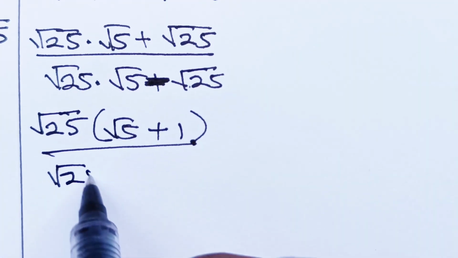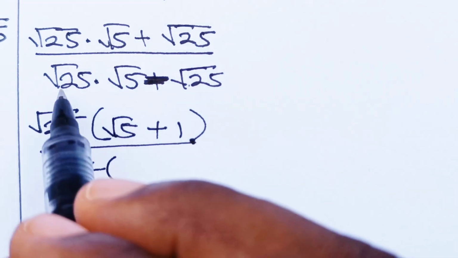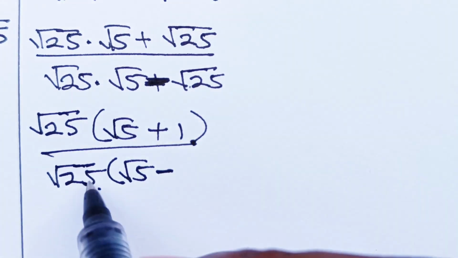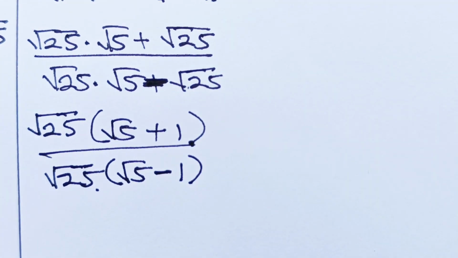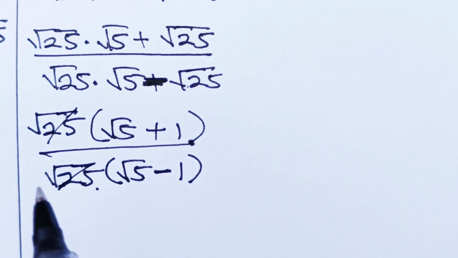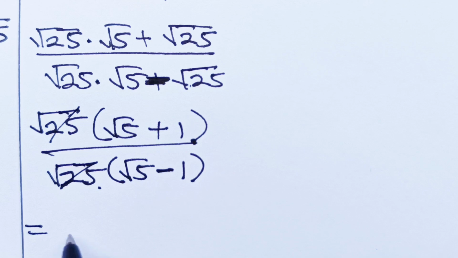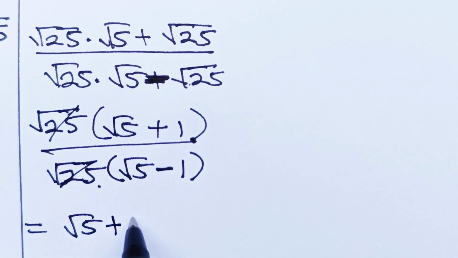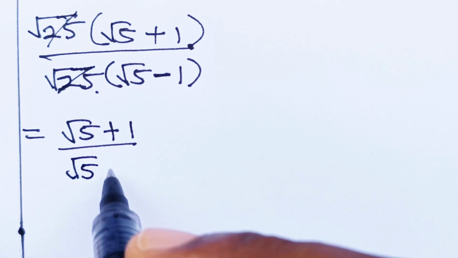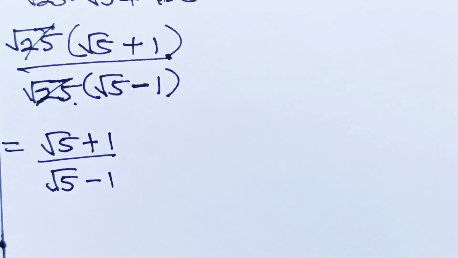We have root 25 bracket. When this is divided by this, we have root 5 minus when this is divided by this, we have 1. Now this can cancel this and we are left with what? Square root of 5 plus 1 divided by square root of 5 minus 1.